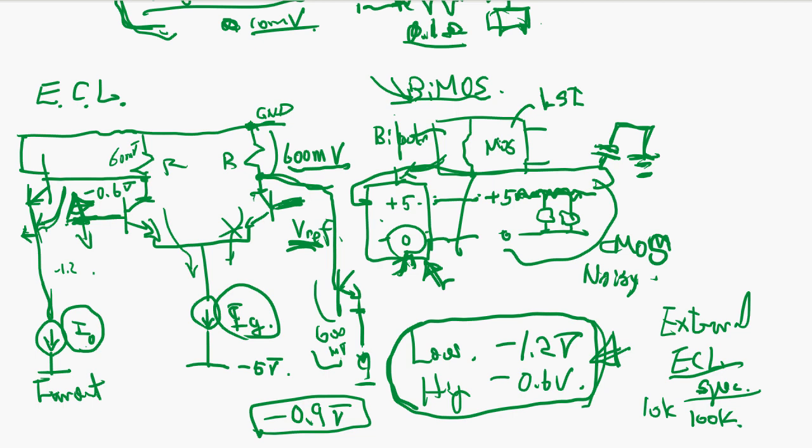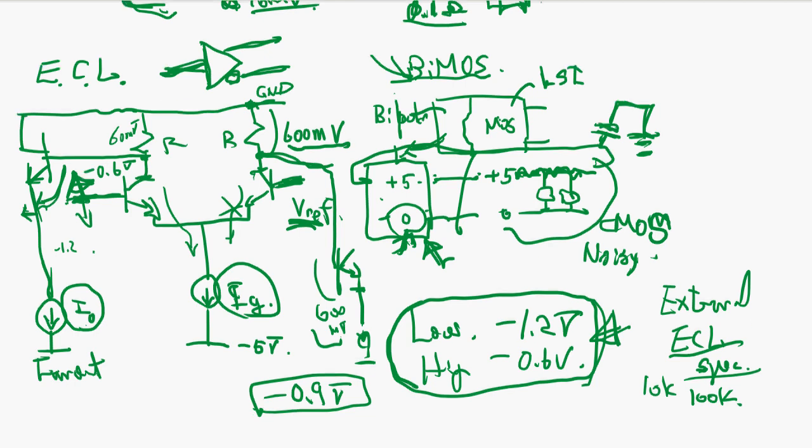So logic-wise, this gate is going to be like this, and this is the input and the output straight through, and another output. You have two outputs, one of which is inverted.